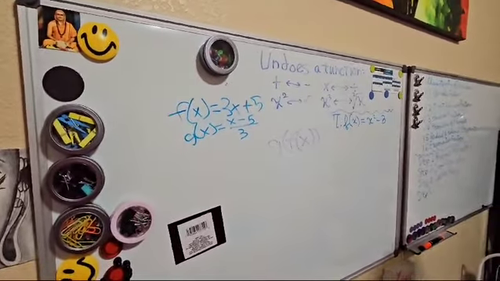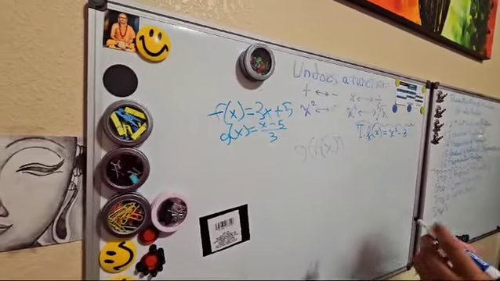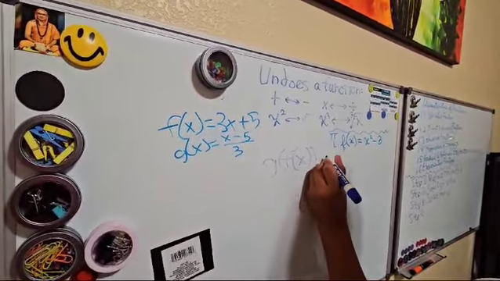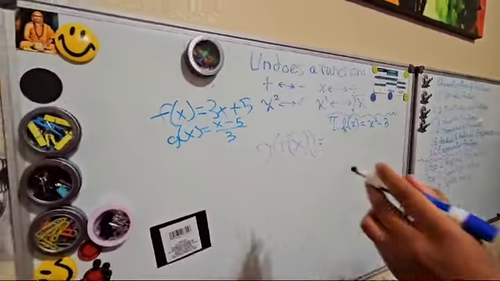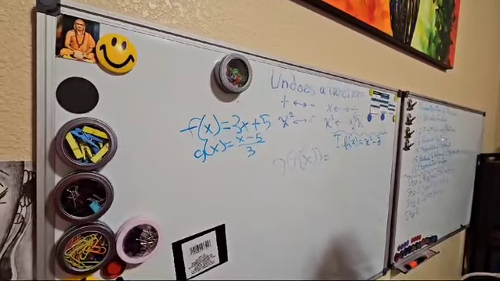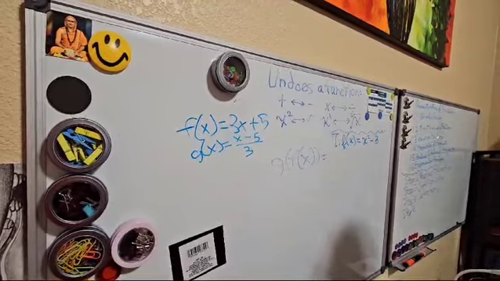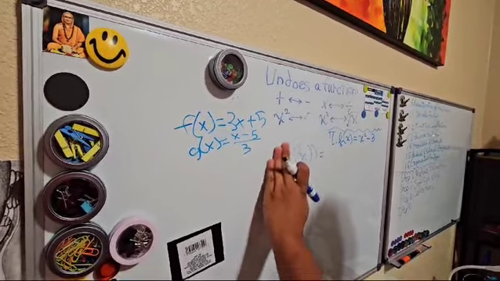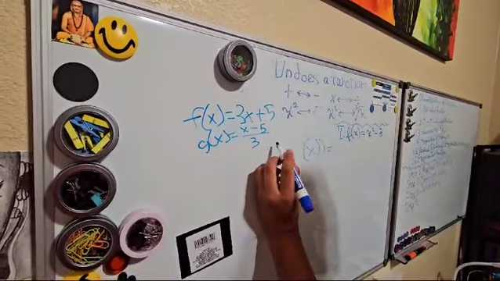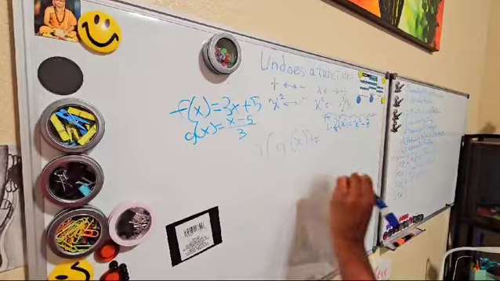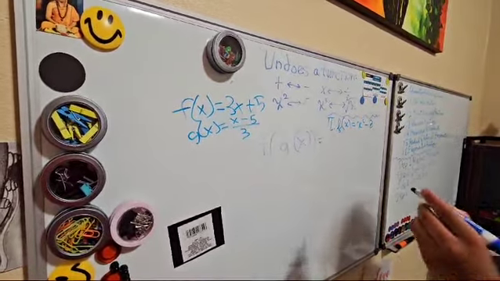So g of f of x is, there's a tongue twister. You substitute f of x into g of x. Oh wait, no, I did it the other way around. Previously I solved for g of f of x, which was equal to x. Now let's do f of g of x. Sorry about that.